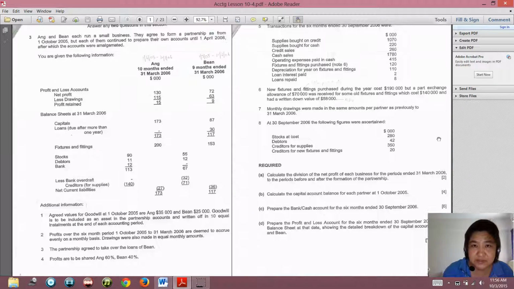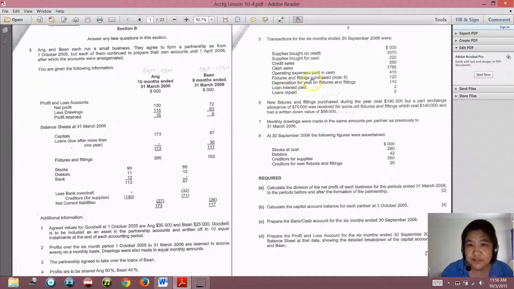Okay, so now you see note 5 and note 6. Fixture and fittings purchased 120. Note 6 says new fixture and fittings purchased during the year cost 190,000, but a part exchange allowance of 70,000 was received for some old fixture and fittings which cost 140,000 and had a written down value of 58,000.